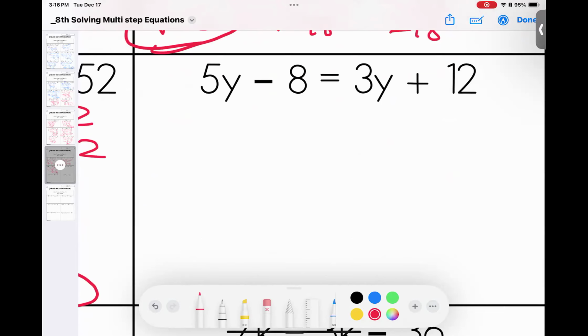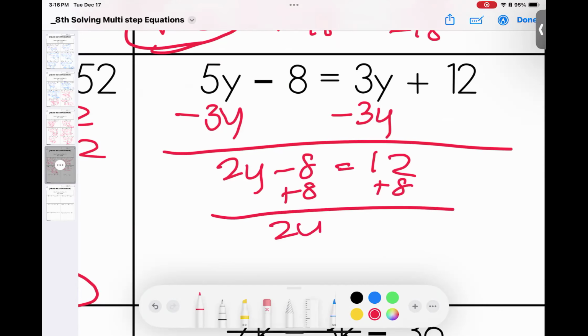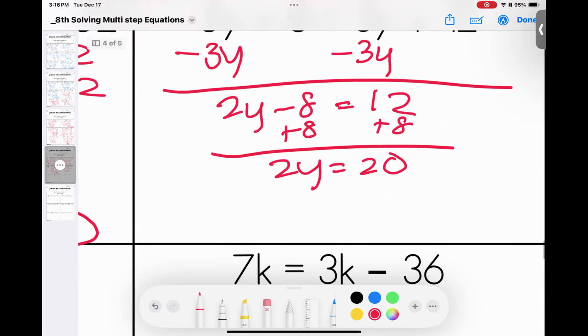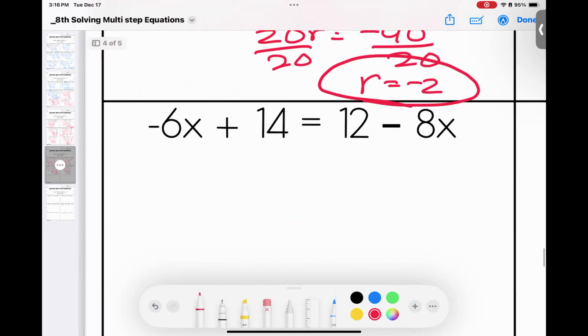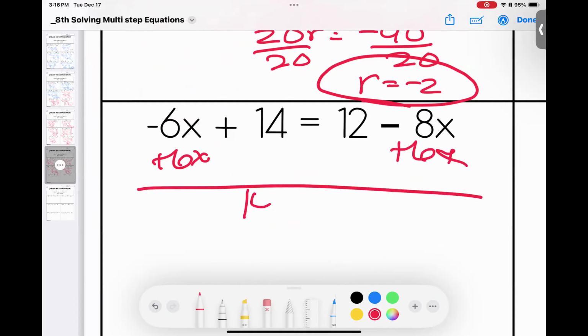This one we don't have to worry about distributing. We just have to worry about getting things on the same side. So when we are working on variables on both sides, we just need to make sure that we're getting one side to be variables and one side to be constants or numbers. It really doesn't matter as long as you don't leave anything empty.